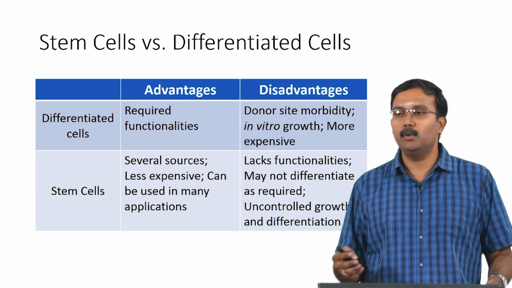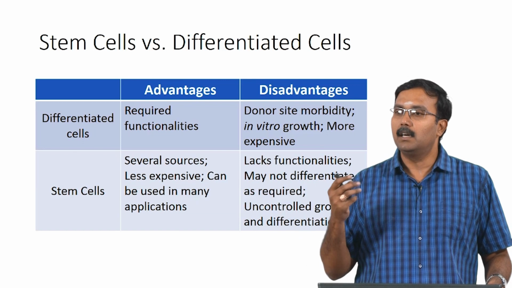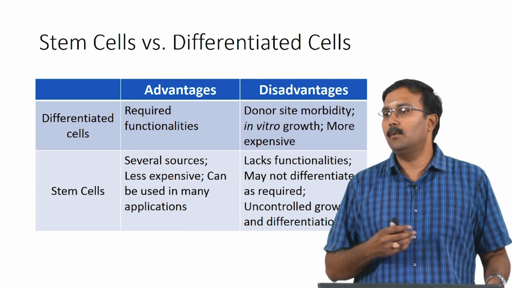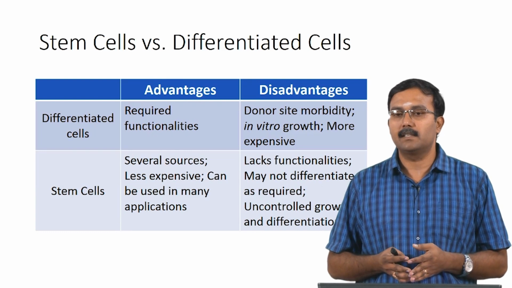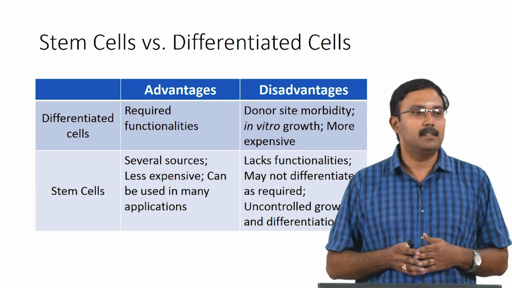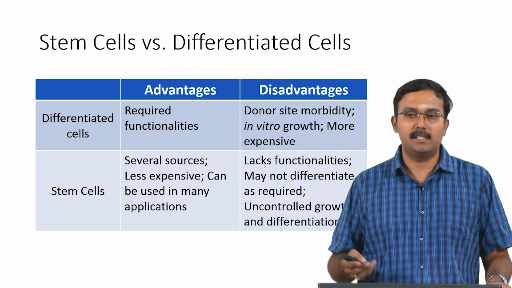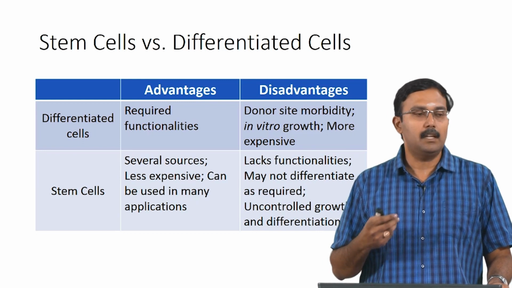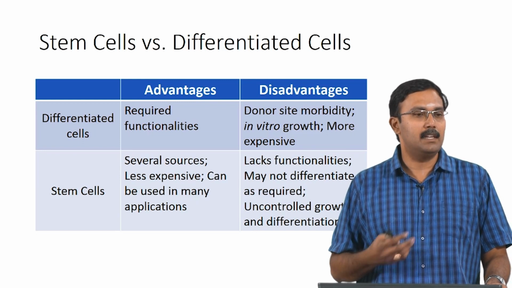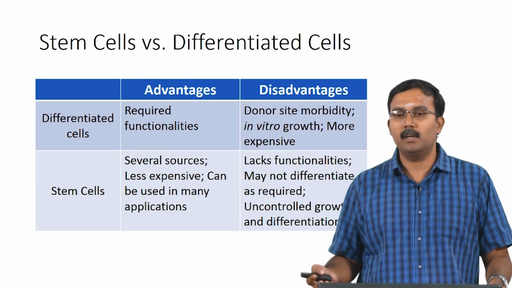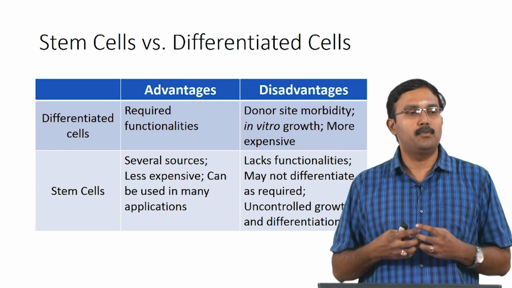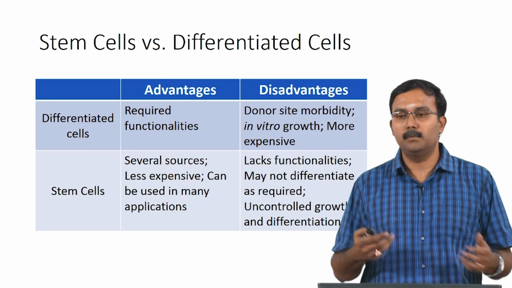In vitro you have a lot more control with what the cells are exposed to and how you actually treat the cells to get the required differentiation, whereas in vivo the level of control you have is lesser. There is also a risk of uncontrolled growth and differentiation. This is especially true for embryonic stem cells, which might lead to formation of teratomas, which could be a problem.